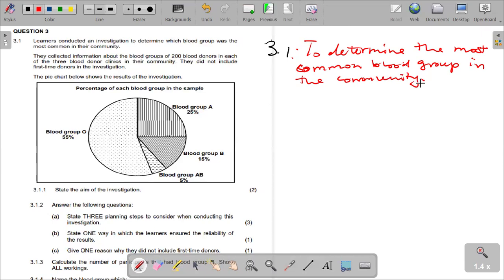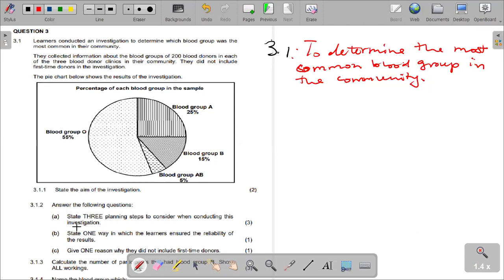This is also shown by the pie chart, which indicates the percentage of each group. The one with the highest percentage is the one we can say is the most common blood group.